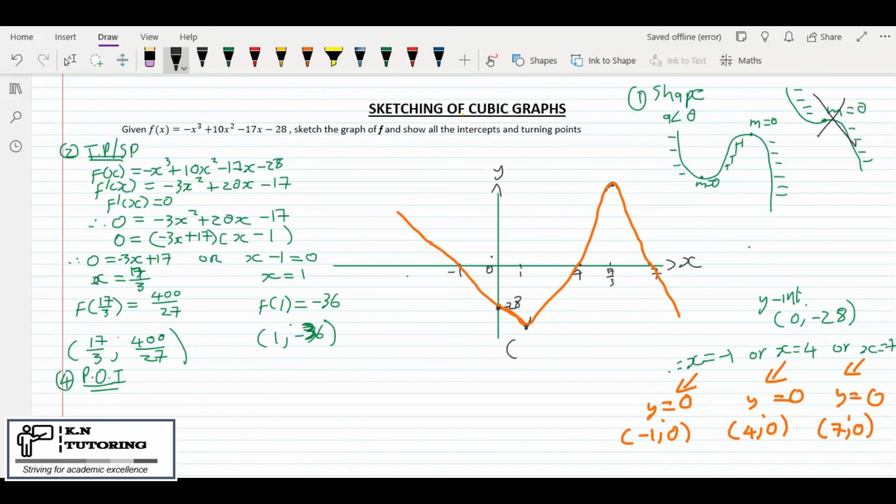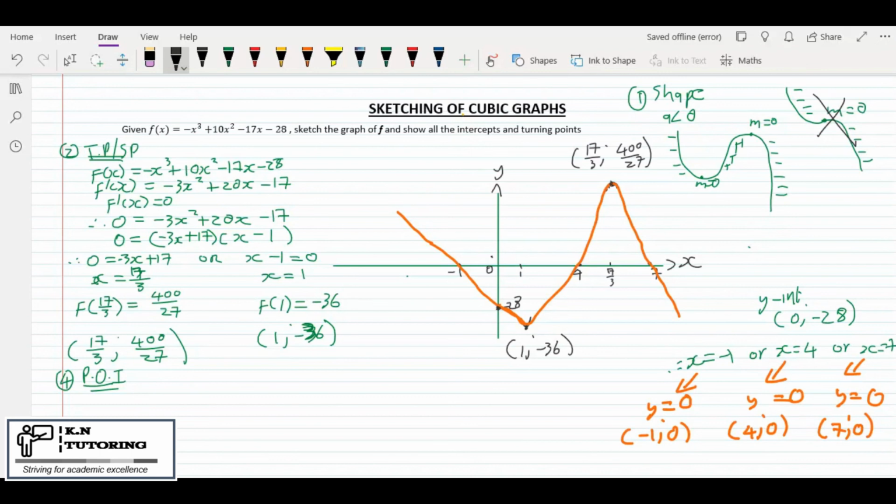So this is the turning point of 1 and -36, and then here the turning point of 17/3 and 400/27. It's advisable for you to leave this as fractions, but you can just punch this on your calculator to see what 400 over 27 is.